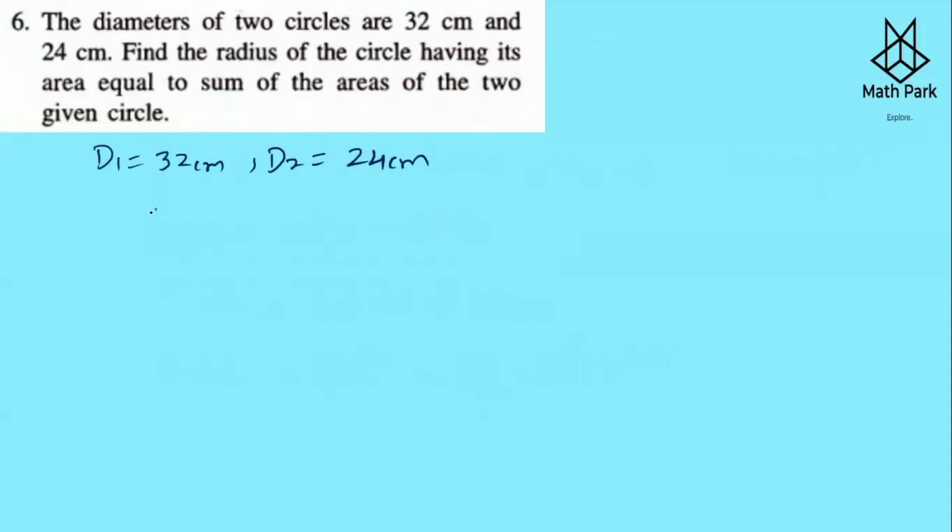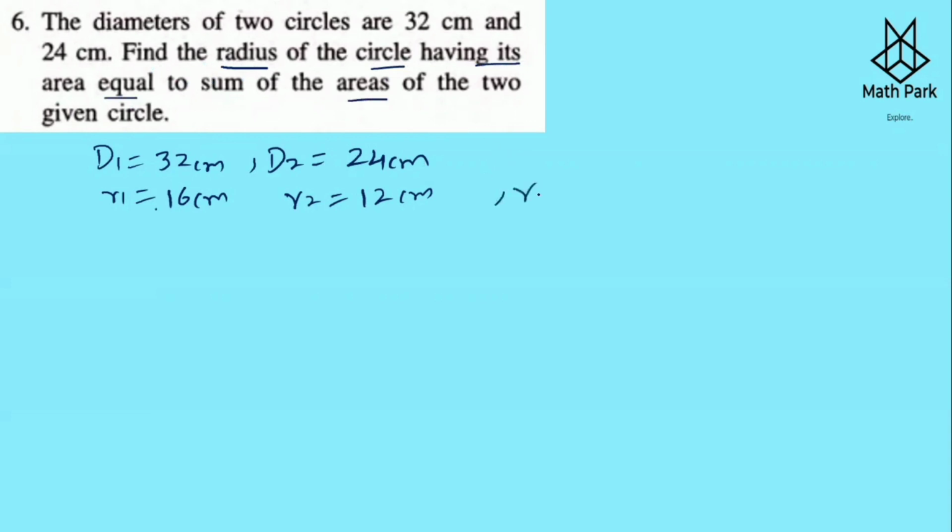So let us write R1 is equal to 32 divided by 2, which is 16 centimeter, and R2 is equal to 24 divided by 2, which is 12 centimeter. And then we want to find R3, the radius of the circle having its area equal to the sum of the areas of two circles.